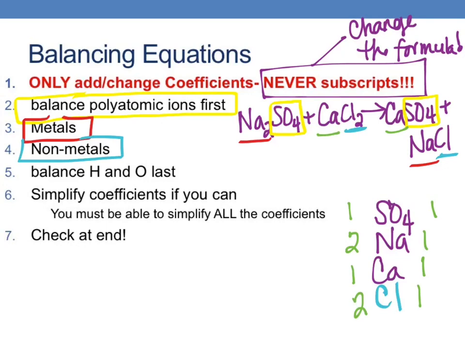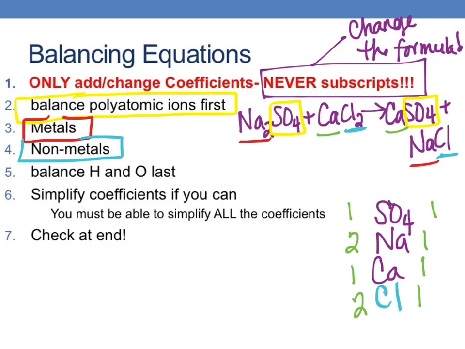So I need to decide what to do. I can't divide to get to what I need to get to. So I'm going to have to multiply these by a number so that we can get it to be equal. So SO4s are good. Nas, how are we going to balance the Na?